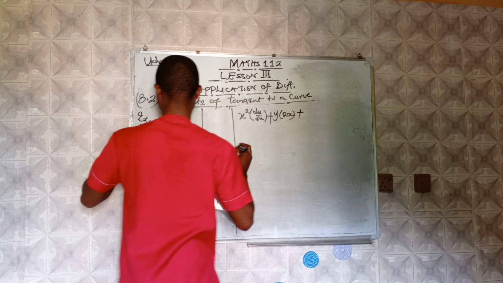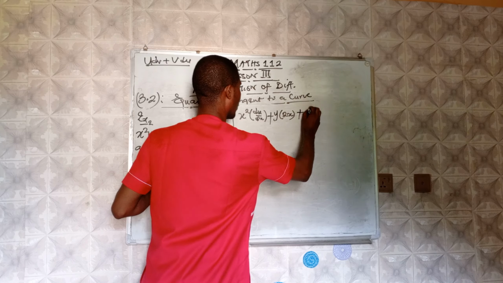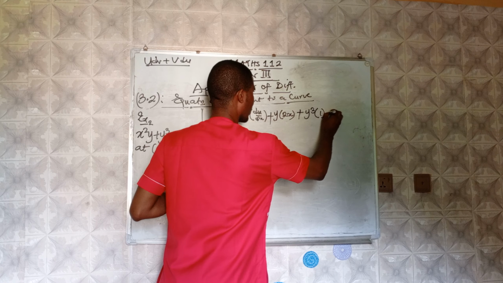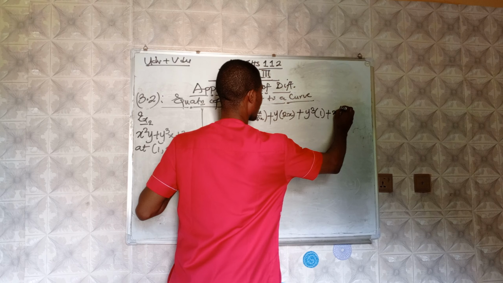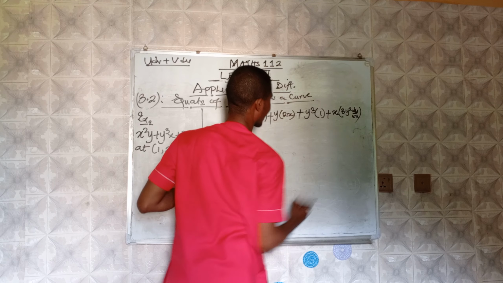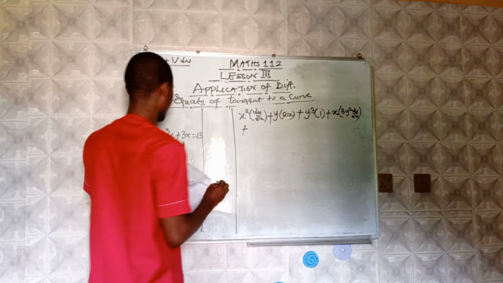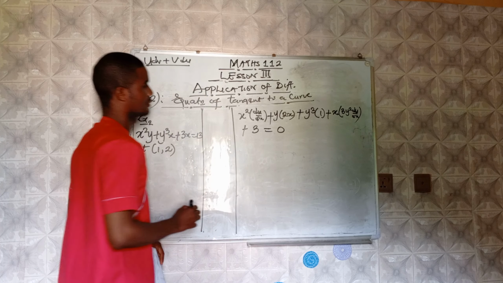Then plus the same thing I'm going to use here: y cubed into 1 plus x into 3y squared dy/dx. I've differentiated this, plus 3 equals 0.